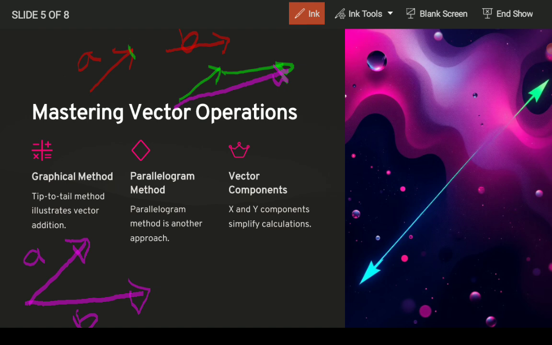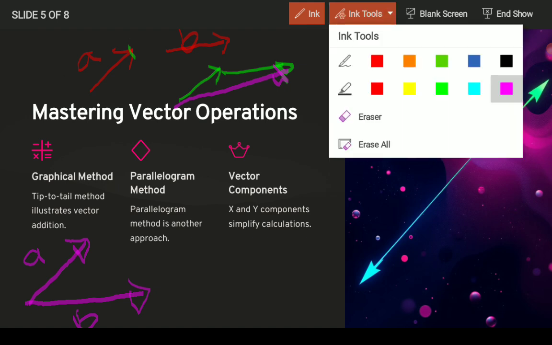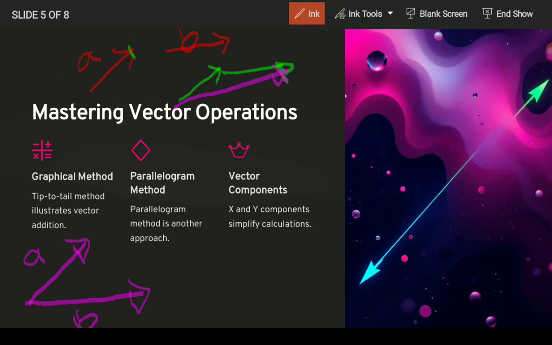All you need is to complete a parallelogram. Remember that a parallelogram has opposite sides equal and parallel, and opposite angles are also equal to each other. For vector A, you draw another line parallel to it, and you draw another line parallel to B.